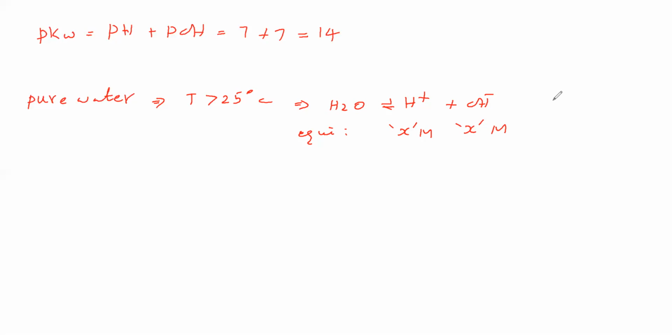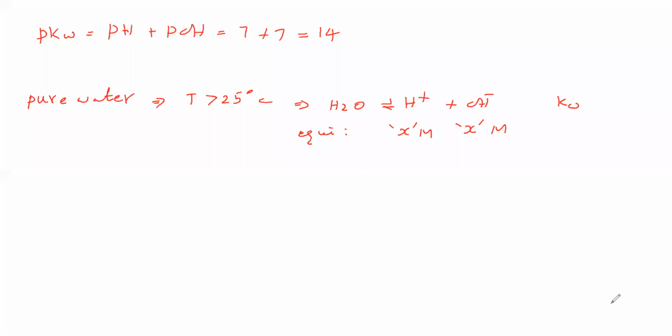Now we will find Kw experimentally for pure water. It comes as 10 power minus 12. We have taken a temperature greater than 25 degrees Celsius. When the temperature is greater than 25 degrees Celsius, how much is Kw? That we will see.